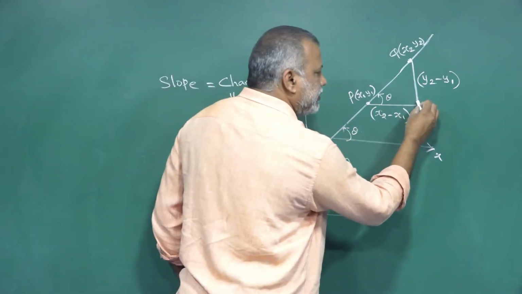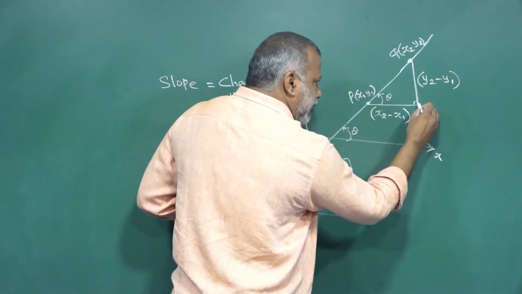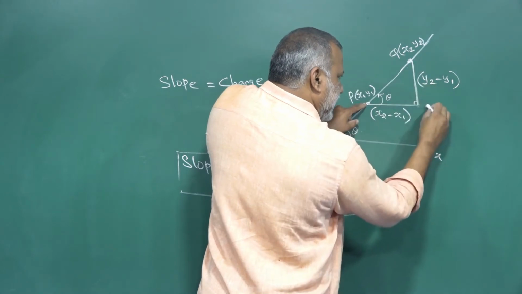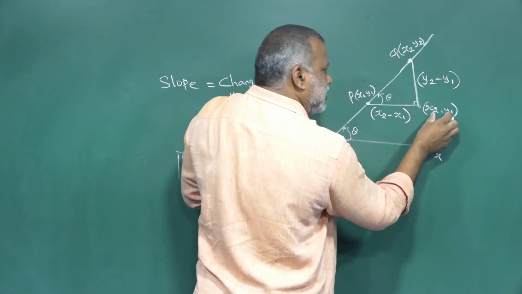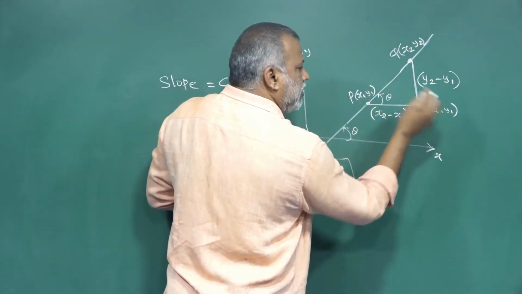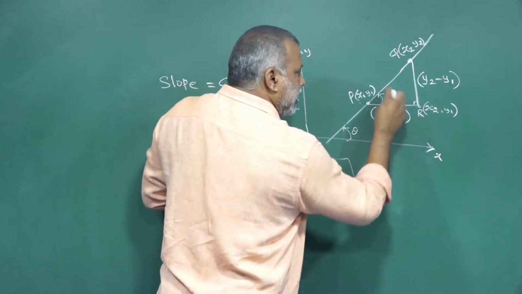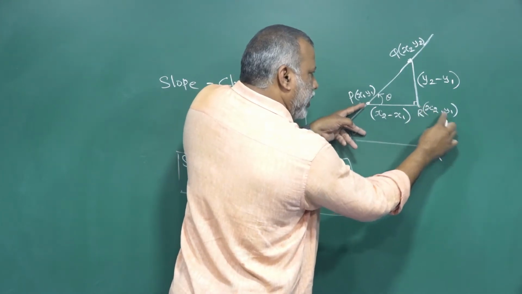How are we getting this? See, this is the point x1 comma y1. Then there must be a point with the coordinates x2 comma y1. Say P, Q, R. Take R. R must be x2 comma y1 because it has the maximum distance x2 and the height y1.